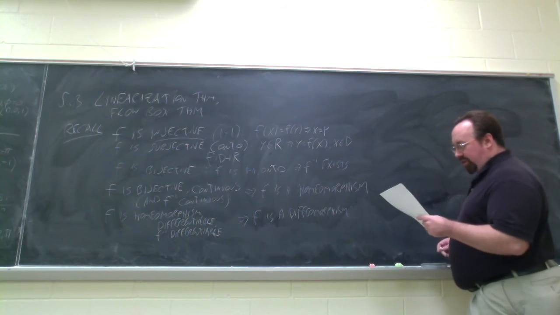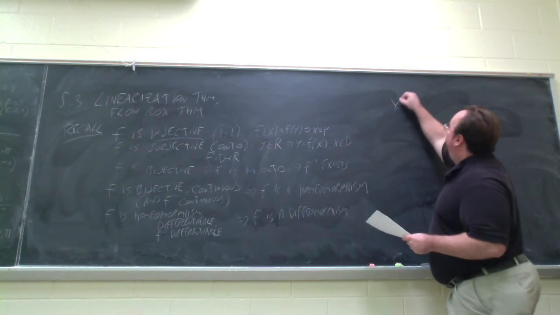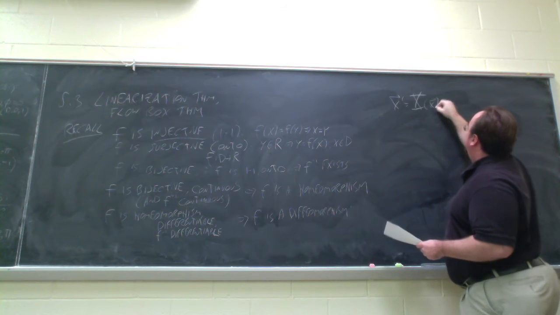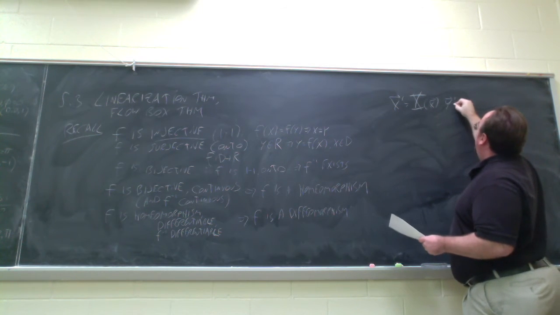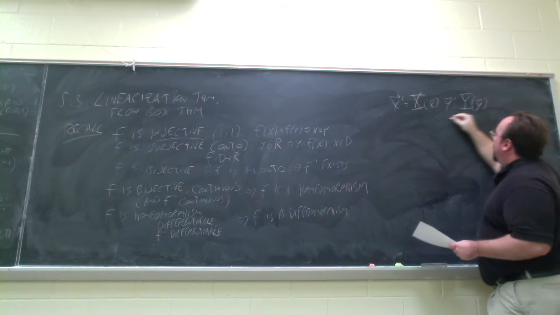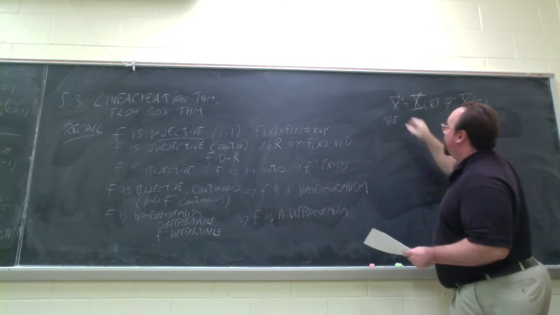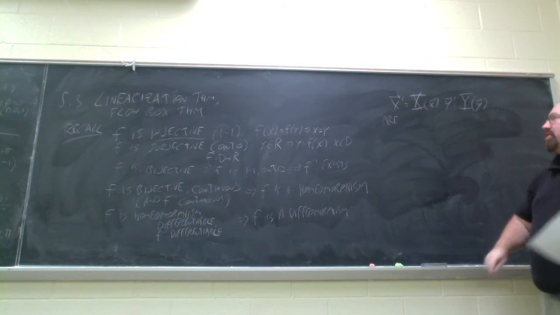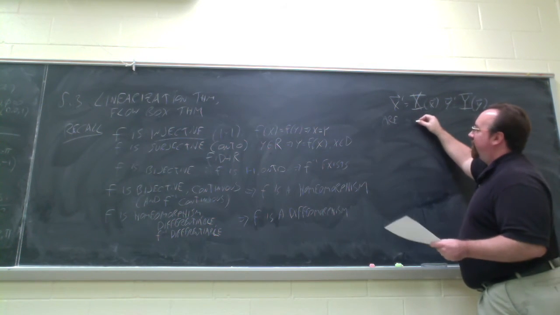So the word definition is we have two systems: x prime is big X of x, and y prime is big Y of little y. We talked about differentiable equivalence. That means there's a diffeomorphism that relates these two. But here there's something a little weaker.